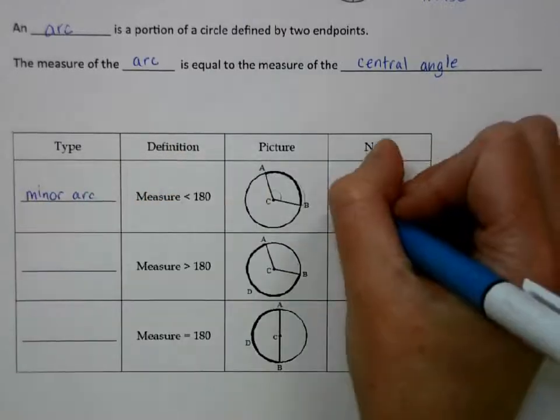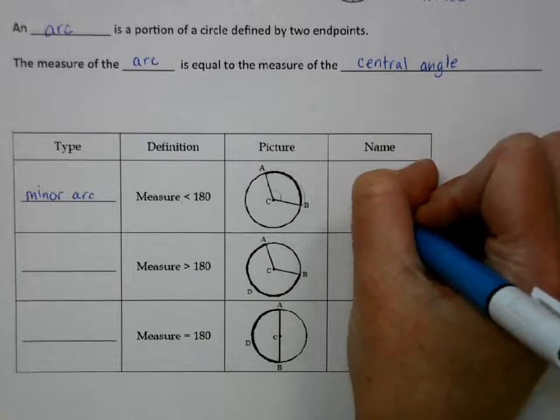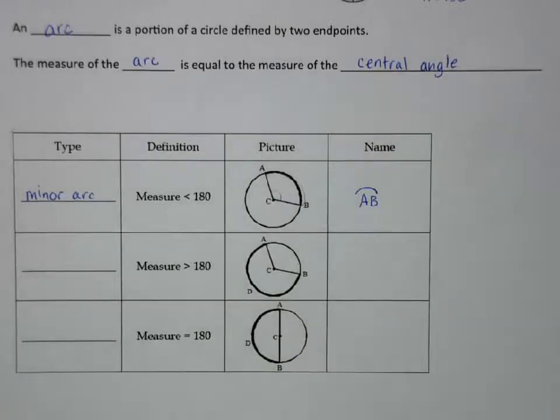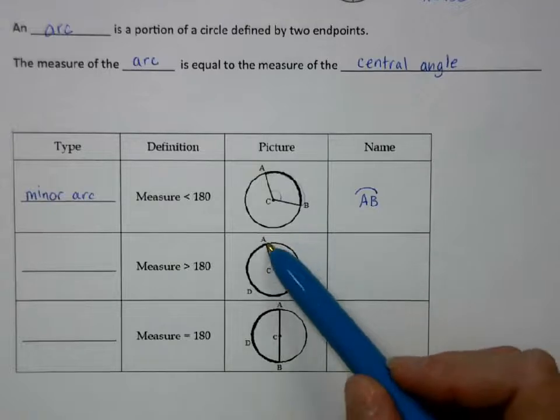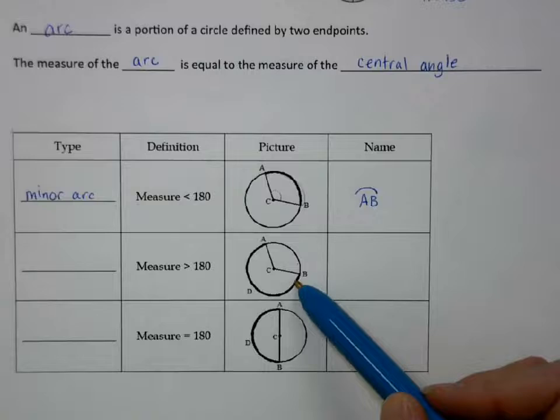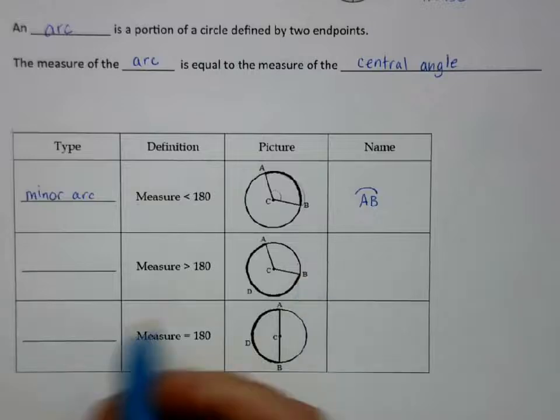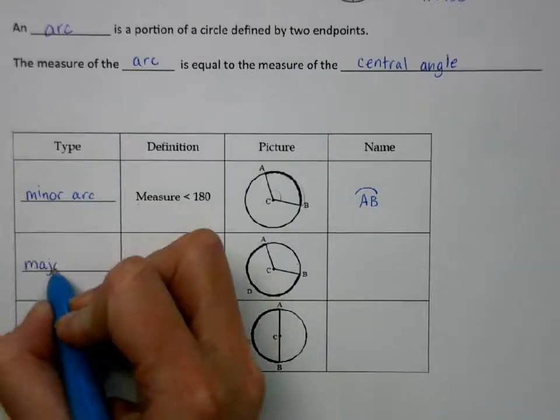Okay, the naming is going to be kind of like a segment, but instead of a segment symbol on top of it, we will use an arc symbol. On a circle, we can connect two points two directions. I can go the short distance, which would be the minor arc, or I can go the long way around. This is called a major arc.